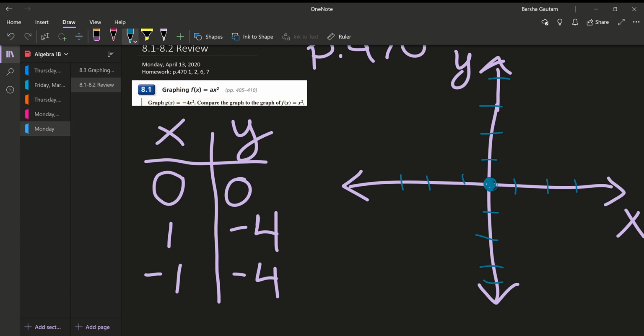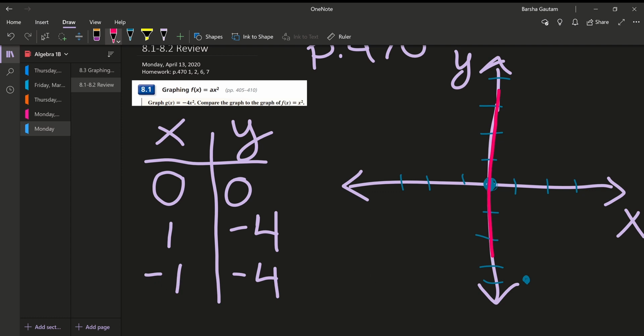For 1, negative 4, we'd go 1 to the right and then down 4. 1, 2, 3, 4. So that'd be approximately over here. And since we know that our axis of symmetry is right here, it will have to reflect right over, as it shows right here.